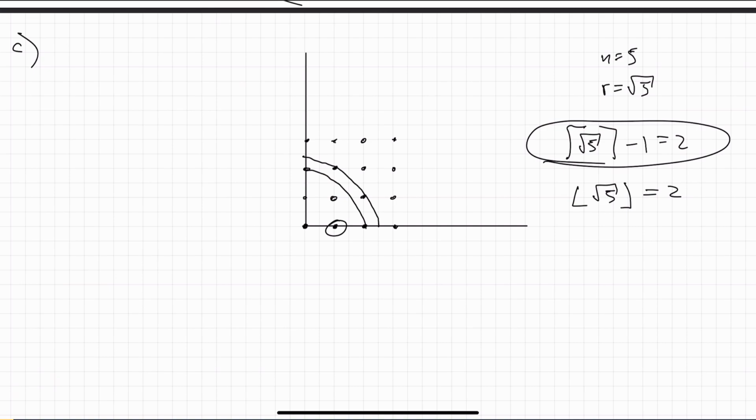So now that we know this, we can easily calculate these points over here. And we can also easily plus 1 to get the origin, because the origin is basically always going to be inside of it.